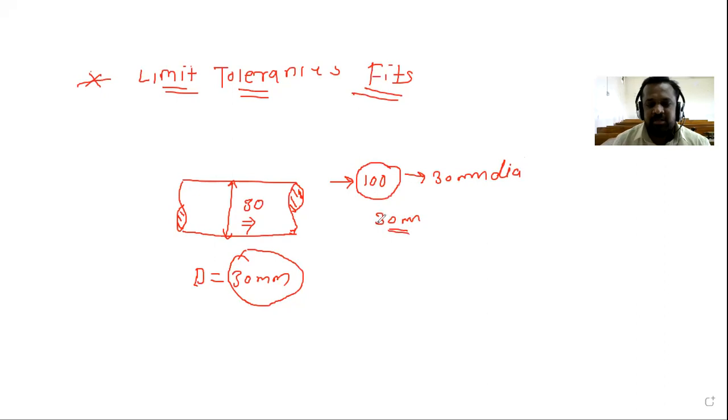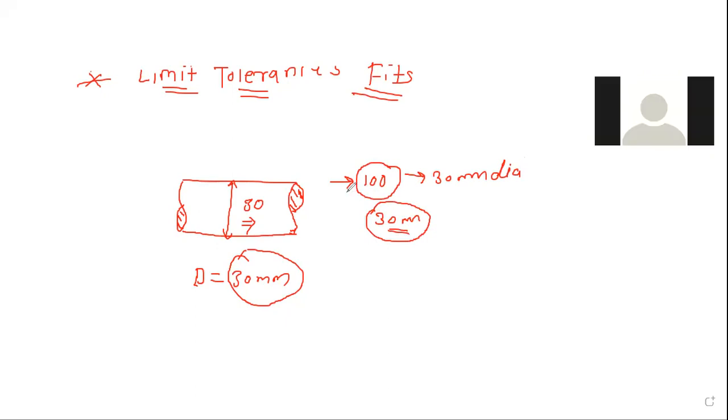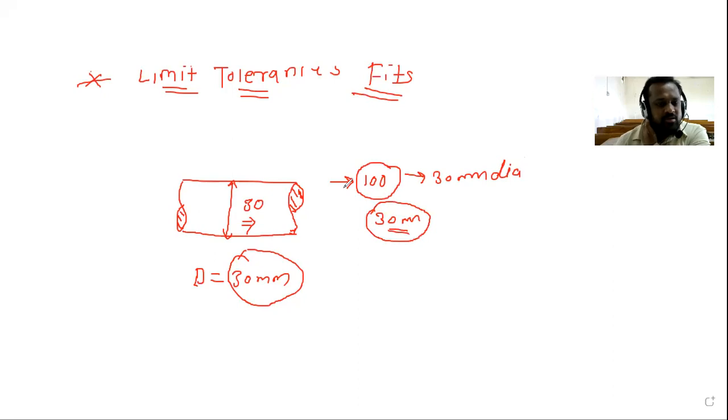Whether it is possible or not possible? Please tell me. No, sir. Why is it not possible? Please tell me why it is not possible.